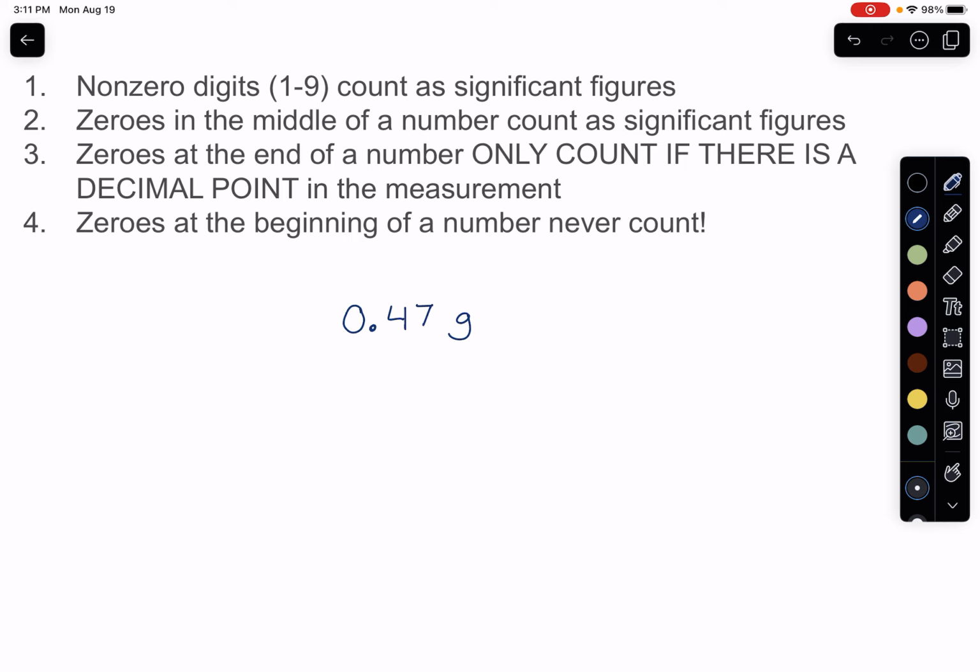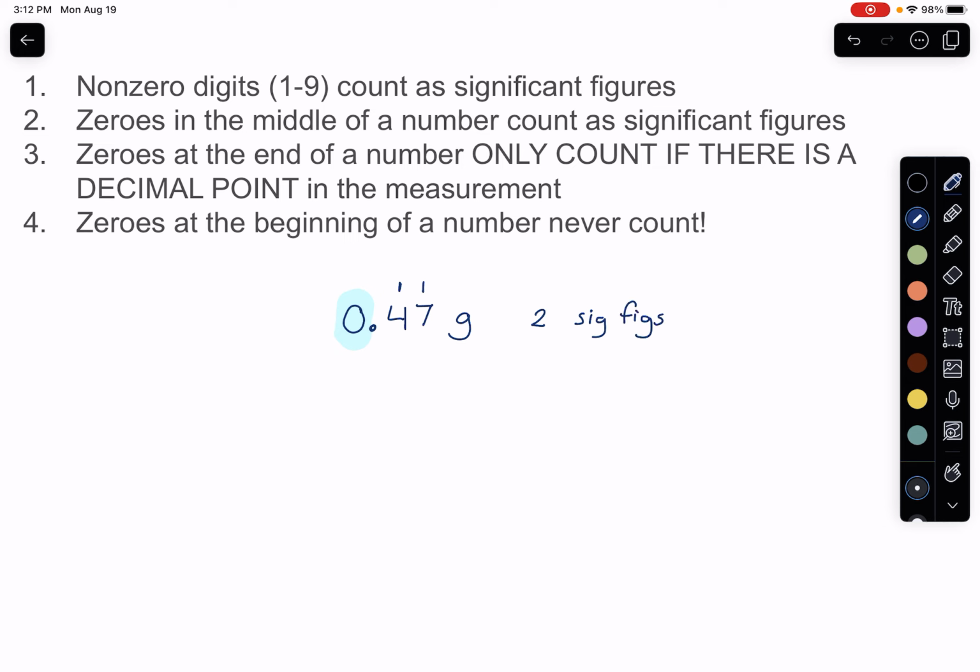When it says zeros at the beginning of the number, it's really just talking about the zeros that happen before any non-zero digits are counted. So anytime your number starts with a 0 or starts with multiple zeros, you're just going to skip that entire part of the number and you're not going to count any of that. So for this one, I would only count the 4 and the 7. So it would have a total of 2 significant figures.